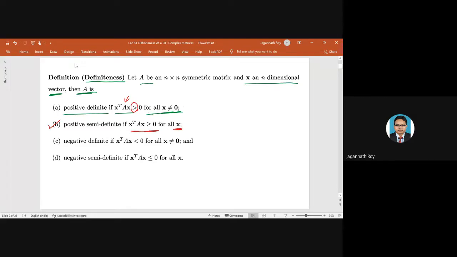Earlier we had a non-zero vector x, but here we are not mentioning that x is non-zero. Similarly, negative definite will be defined in this form if it satisfies this relation, for non-zero vectors. Also, we have negative semi-definite. In that case, we will include less than or equal to 0 for all x. Here also, we do not mention non-zero.